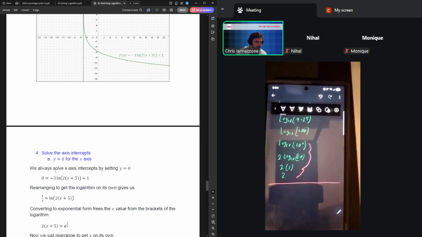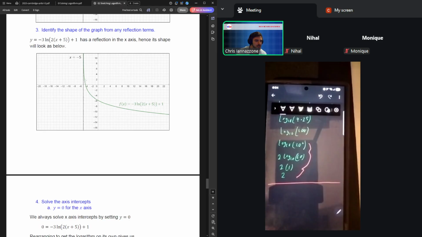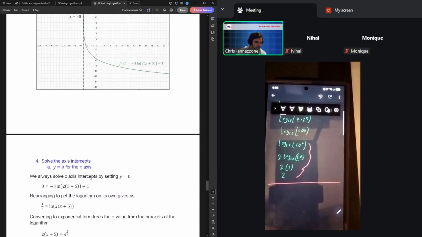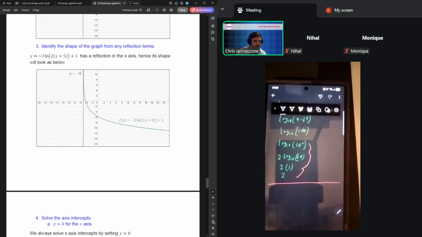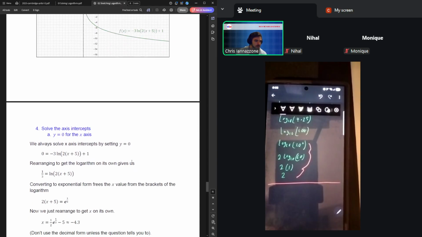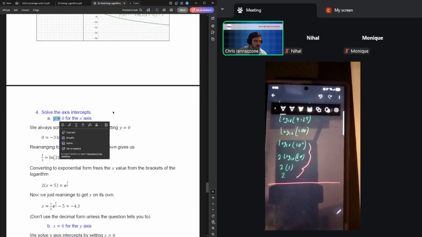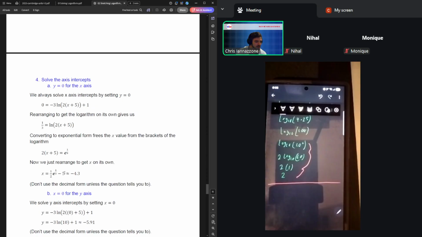And solving for those x and y's will tell you whether it curves shallow like this or deeper and cutting over that side instead. So you don't have to be too accurate with this, you just need to get a gist of what's going on. From here, now that we know we need to do both, let's do both. Y equals 0 for the x-axis, x equals 0 for the y-axis. So let's have a look at what that ends up looking like.